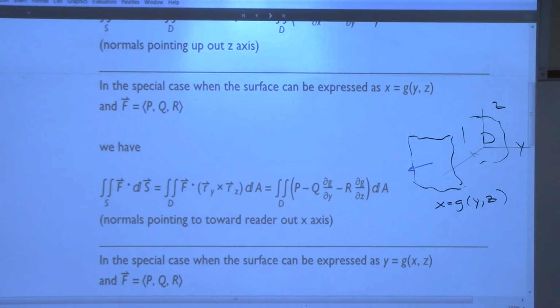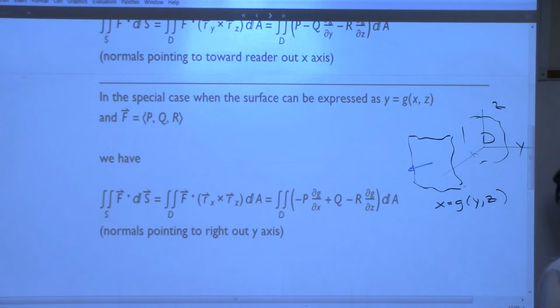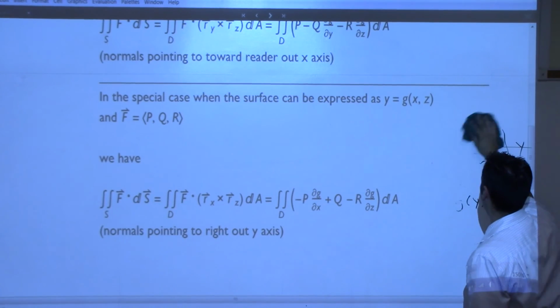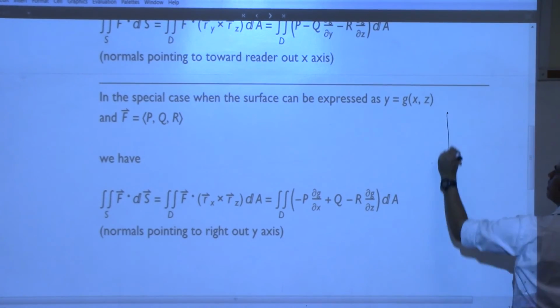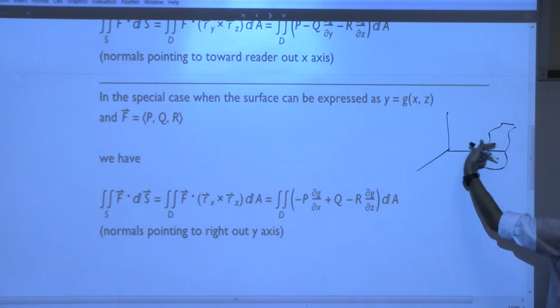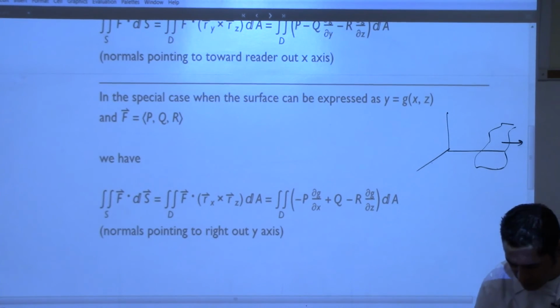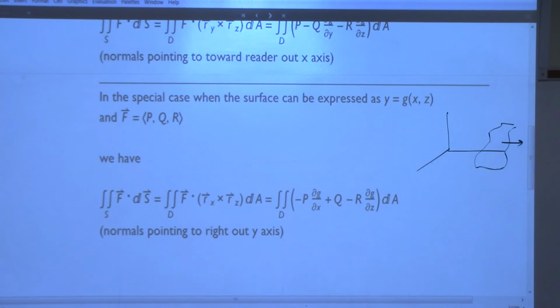And then finally, if your surface can be expressed as y equals a function of x and z, like this, here's my surface this way. Then normals, which way? Out the right. Here's the formula. Is that what I have on my CDF? Out the right. I think on the PDF, I don't say anything, and it's opposite on the PDF, isn't it?